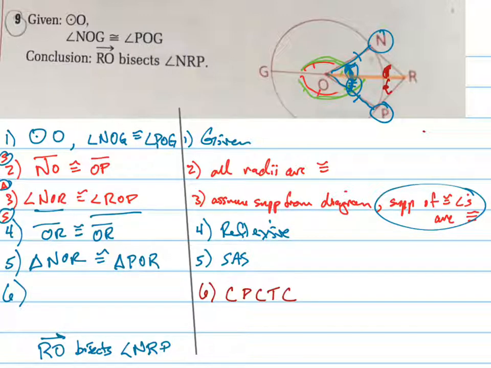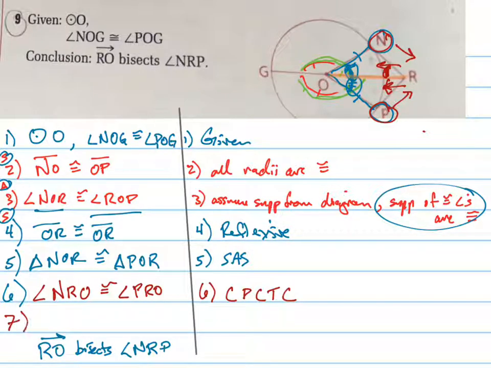It's something we use all the time. So I'm going to say that angle, and again, be careful naming it, angle NRO is congruent to, so I started NRO, so I have to start at PRO, angle PRO. Got it? What does CPCTC mean?